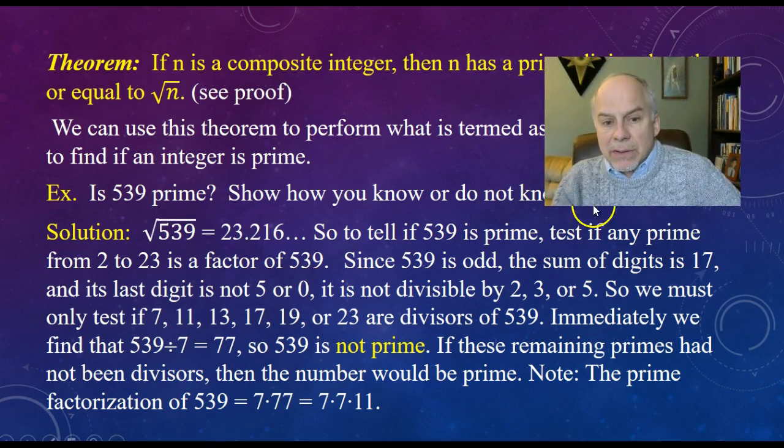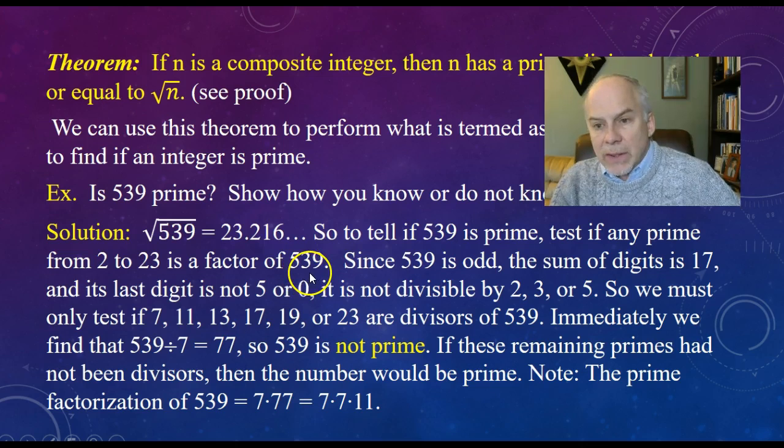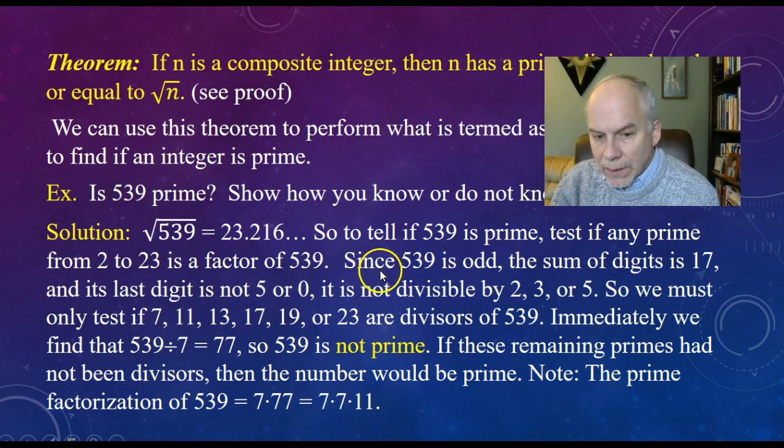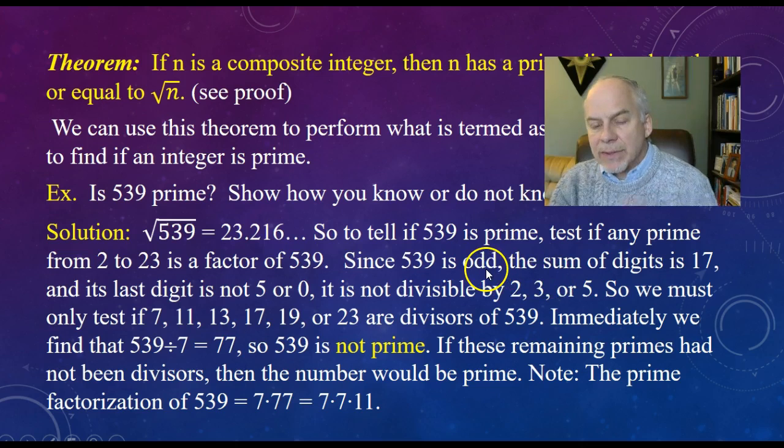So then you start testing to see if 2 is a factor. Well, 2 is not, because 539 is an odd number, so obviously that's not going to be the case. Okay, there are a few divisibility facts here. Since 539 is odd, then obviously 2 doesn't divide into it. Also, the sum of the digits is 17, which is not a multiple of 3.